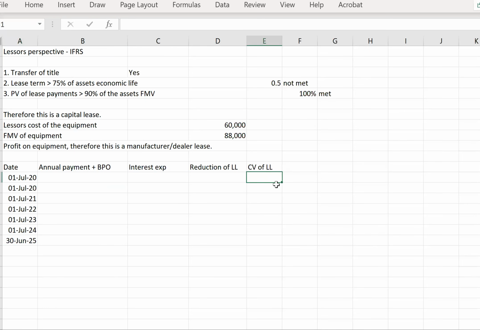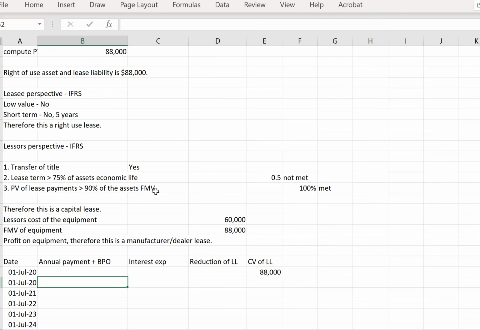So our carrying value of our lease liability is going to start out with this present value that we calculated, which is $88,000.